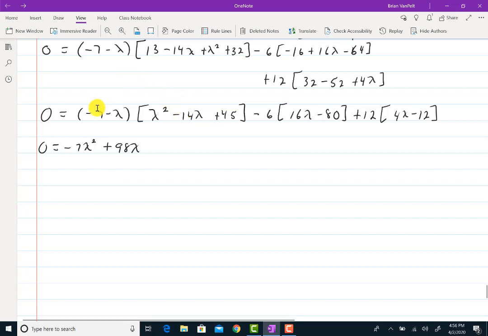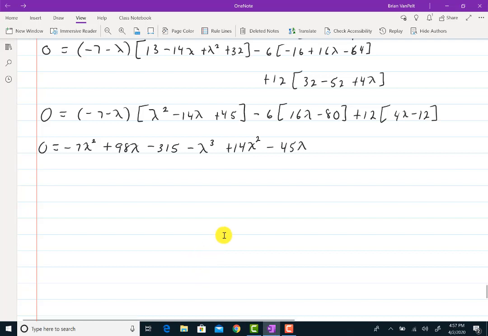And then -7 times 45 is -315. Now let me multiply the negative lambda through. So I got negative lambda cubed. Then I'll get plus 14 lambda. And then I'll get minus 45. That's plus 14 lambda squared. And I'll get minus 45 lambda.